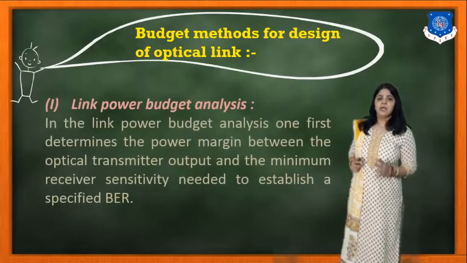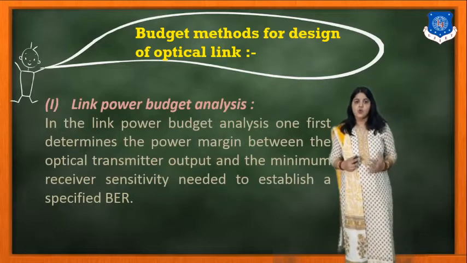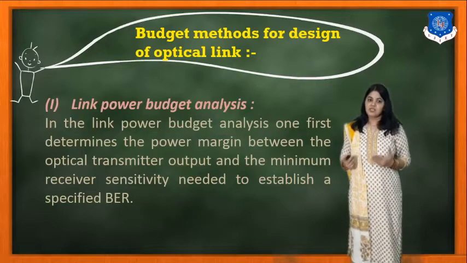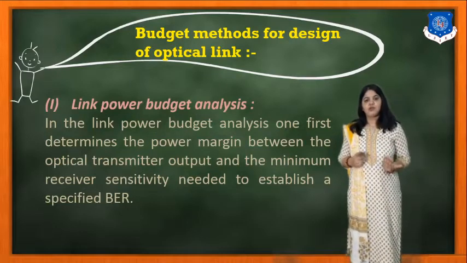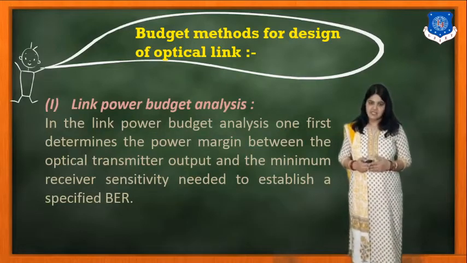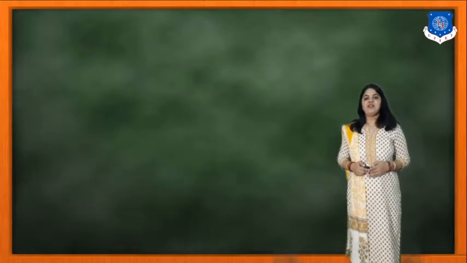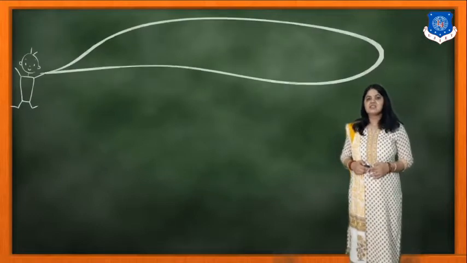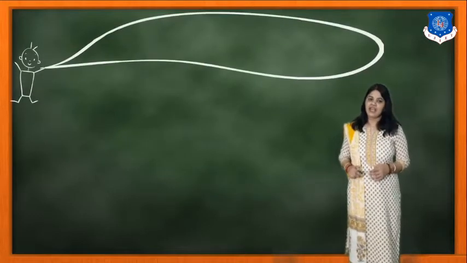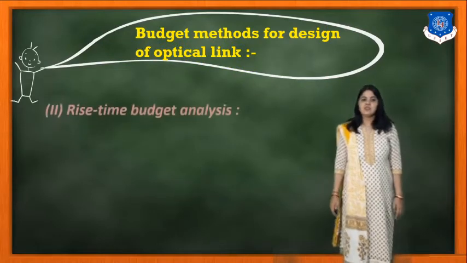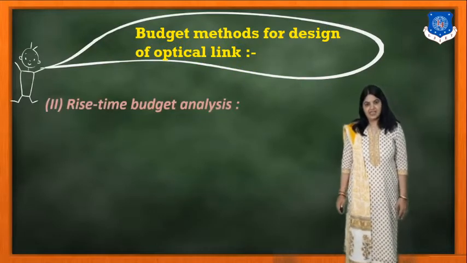In the link power budget analysis, one first determines the power margin between the optical transmitter output and the minimum receiver sensitivity needed to establish a specified BER. That is the simplest technique we need for designing. Next is the rise time budget analysis.